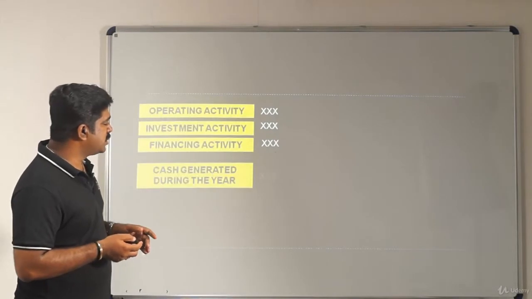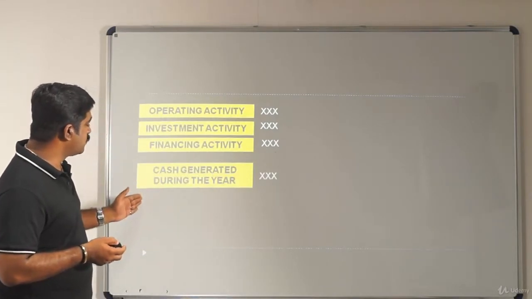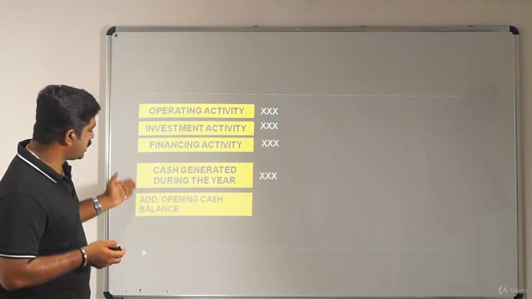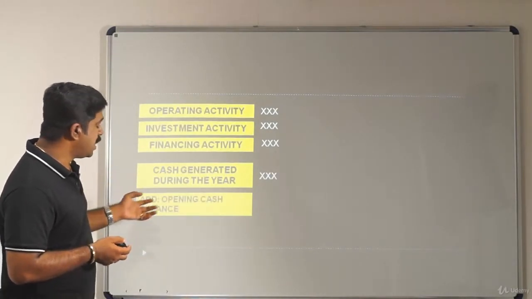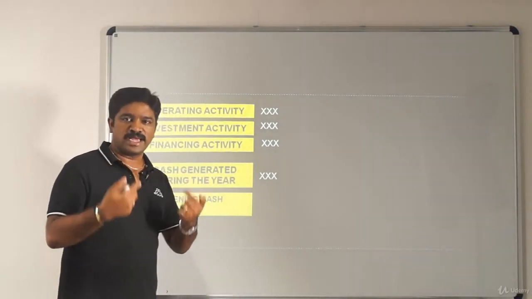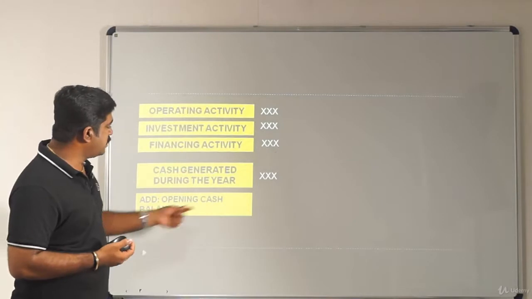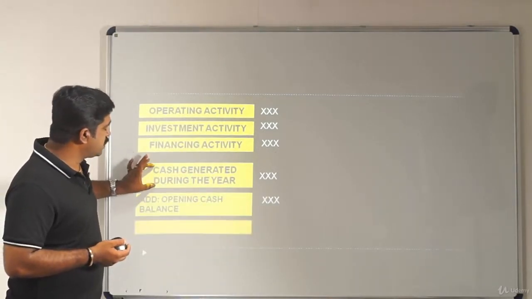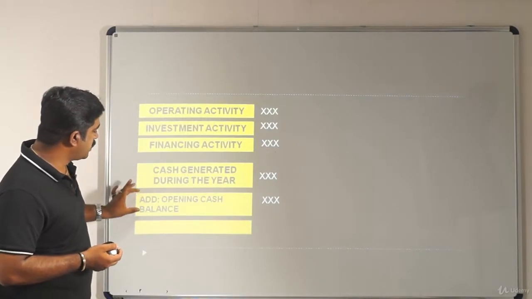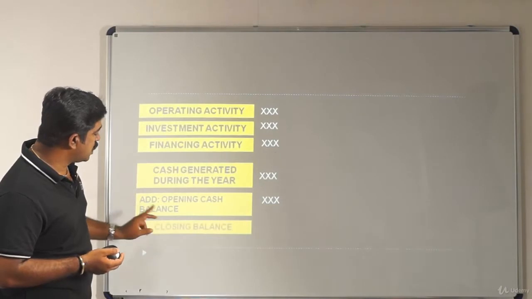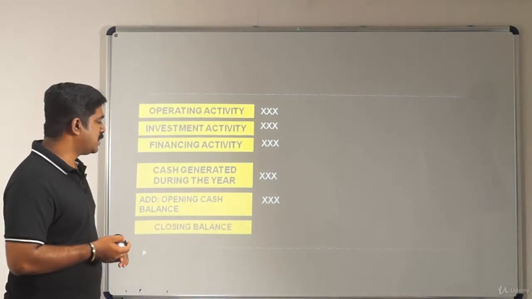Now with this cash generated during the year, we'll add the opening cash and cash equivalents, whatever cash balances are available in the beginning. I'm stressing a technical term called cash equivalents. If we add opening cash and cash equivalents to the cash generated during the year, automatically we should get what is known as closing cash and cash equivalents.